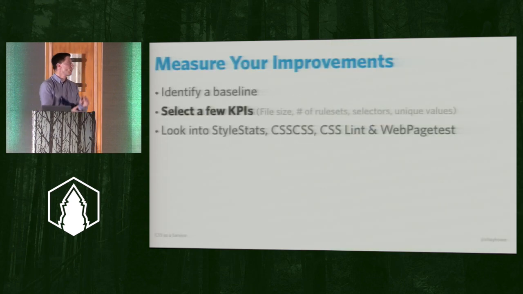So, when doing this though, you have to measure and profile your code. Set a baseline of key progress indicators, KPIs. It's a corporate term, I apologize, but it is important to do. For us, we use Style Stats and WebPageTest to give us very high-level optimizations and overviews, right? This is very quantitative feedback as to how we are writing our styles.